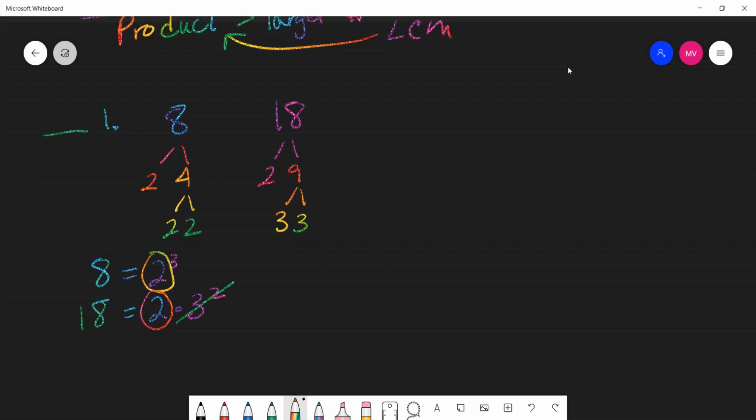Also in this case, the 2 in 18 is common in both, so you cannot use 2 to any other exponent because otherwise it's too big and it won't fit into 18. So our greatest common factor here is 2. That's as big as it gets.